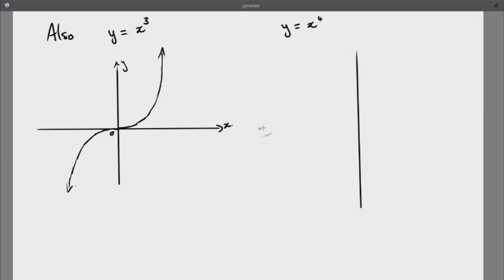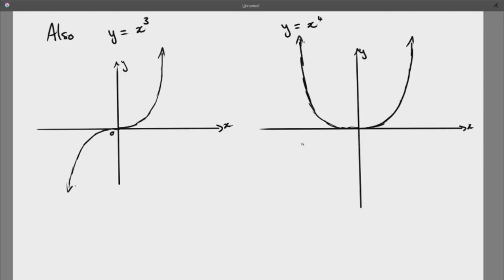Now, because the previous one was x cubed, any negative x value that you put in is going to have a negative y value, and you get this kind of symmetry. But when you're back to x to the 4, then everything is positive again. It's a little fatter at the bottom, more of a U shape if you compare it to a parabola, but really you can think of a very similar shape.